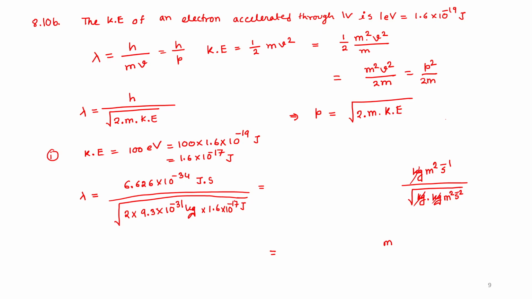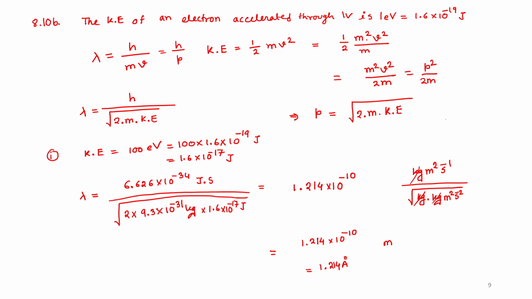I'm getting something like 1.214 into 10 to the power minus 10. So that is in meter. That is 1.214 angstrom. I hope my calculations are right. Thank you for confirming. 1.2 angstrom, something like that is going to come.